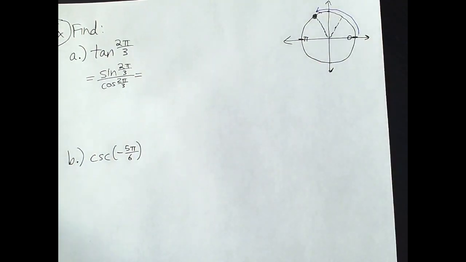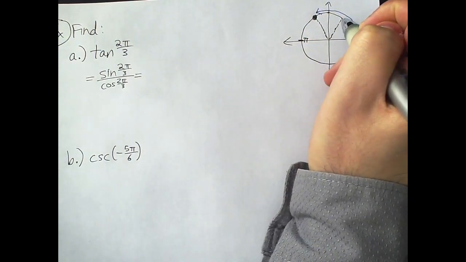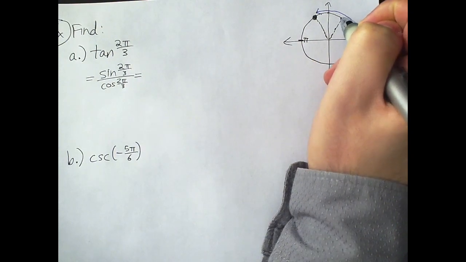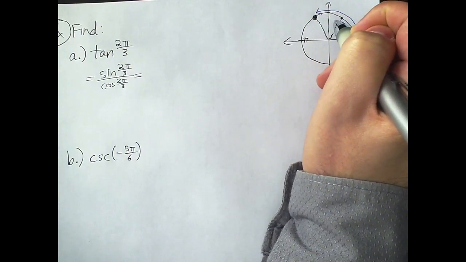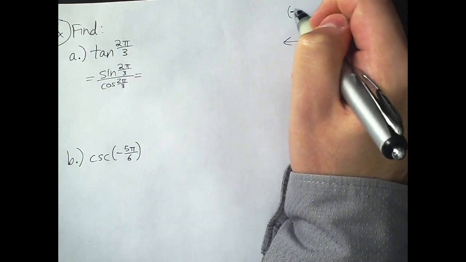Do we know this point on the unit circle? It's not one of the common values from that little table that we had last time. It's something that maybe we could figure out by doing a reference number and then referencing something in quadrant 1. But I think I can kind of tell from this picture. If you need to, go ahead and do a little more work for the reference number.